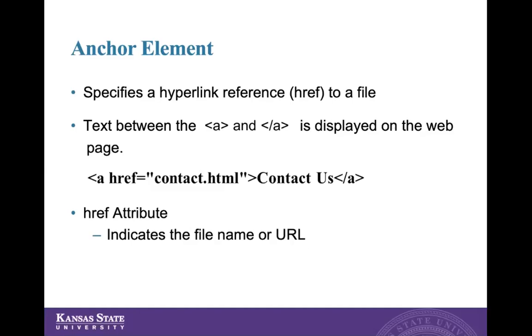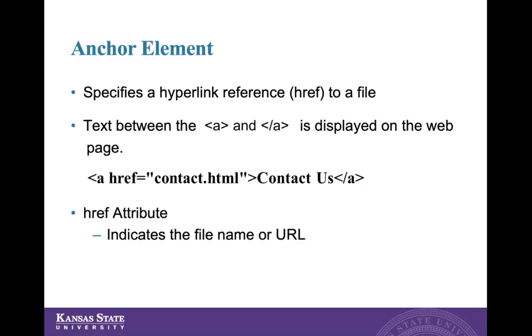After that, we use equals. Right after that equal sign is where we need to tell it where to go, what HTML file, or if it's a URL, you could have the full URL placed inside of the quotation marks there. So we put that within the quotation marks.